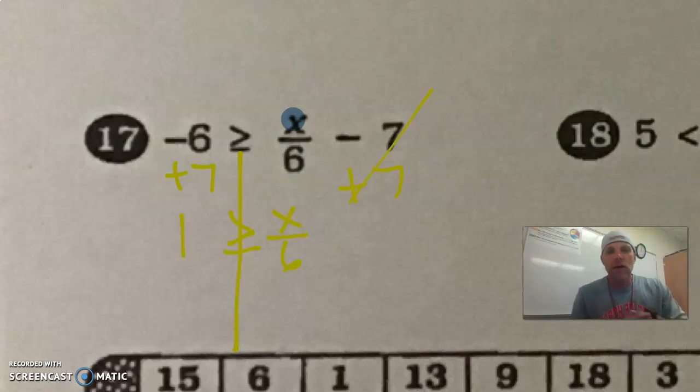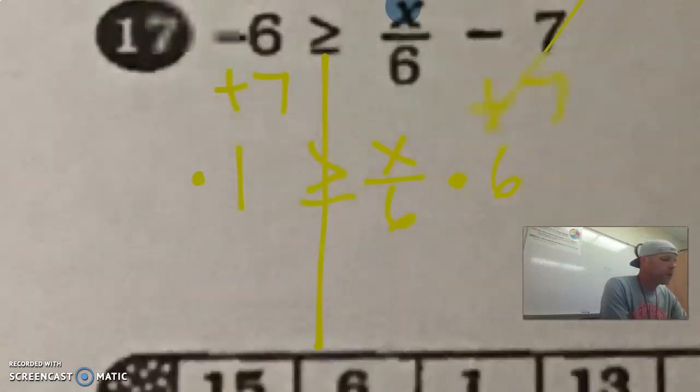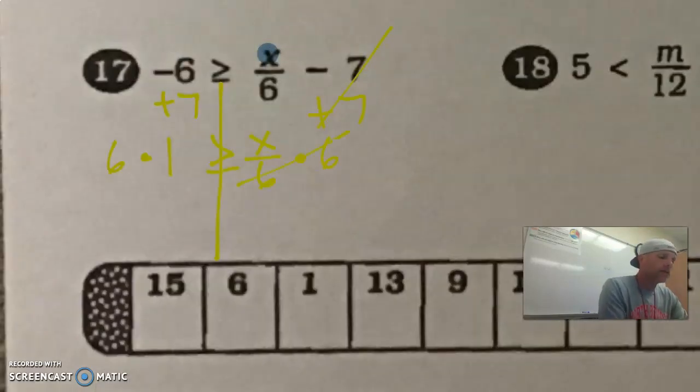So now we have 1 is greater than or equal to x divided by 6. Let's get that x by itself. What's the opposite of dividing by 6? Always do the opposite. We're going to multiply by 6, both sides. So that is 0. Our sign is still the same.